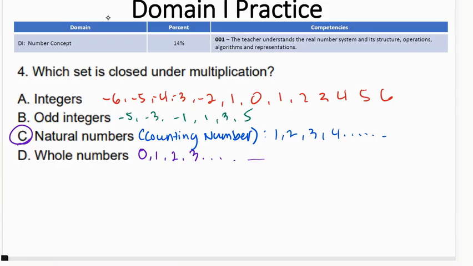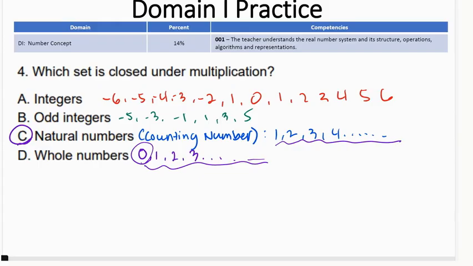Positive, right? But if you do 9 times 0, 9 times 0 is 0. So that's why this is tricky, because this is also a whole number, but this one has a 0. So the answer is natural numbers. 0 times 9 is 0, or 0 times 7, or 0 times 8 is 0. We're talking about closed under multiplication. All right, very good. Answer is letter C.